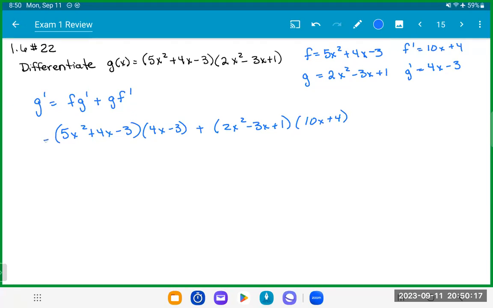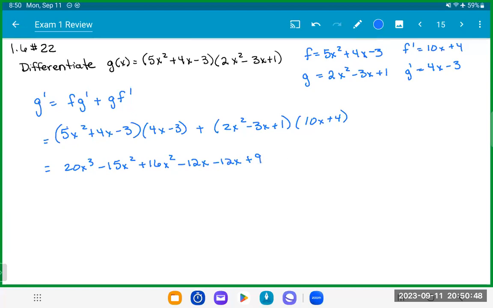We end up with 20x cubed minus 15x squared plus 16x squared, then minus 12x minus 12x plus 9.